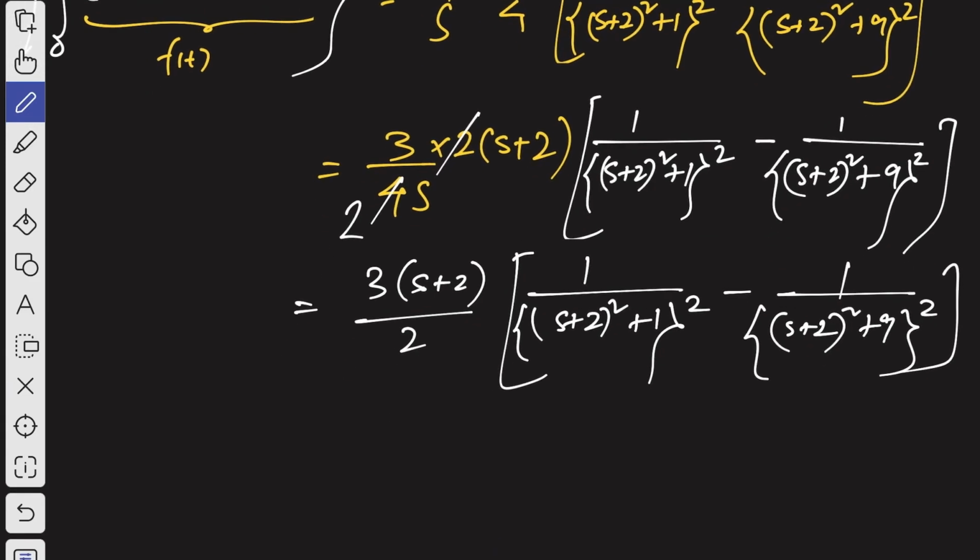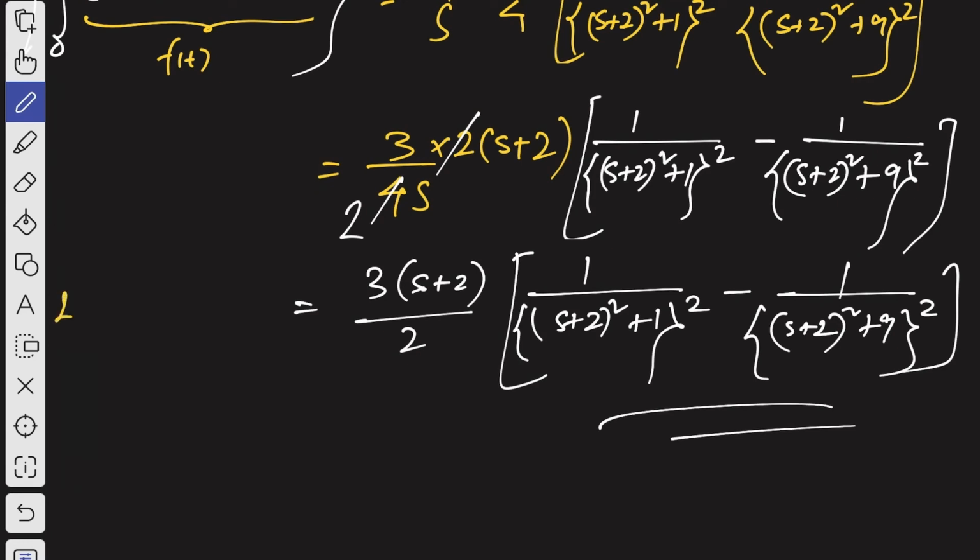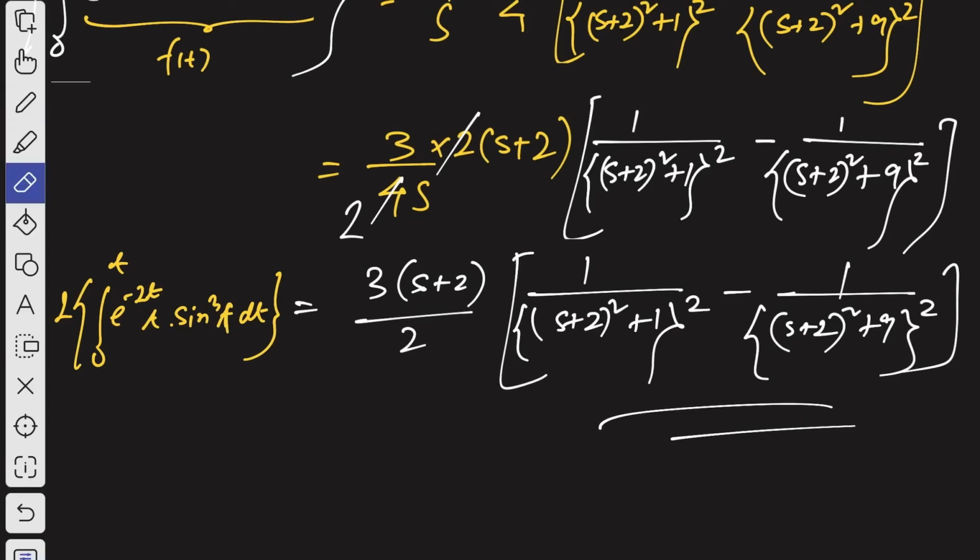That's going to be our result. So this is nothing but the Laplace transformation of integration 0 to t e to the power minus 2t t sine cube t dt. That's what we needed to find.